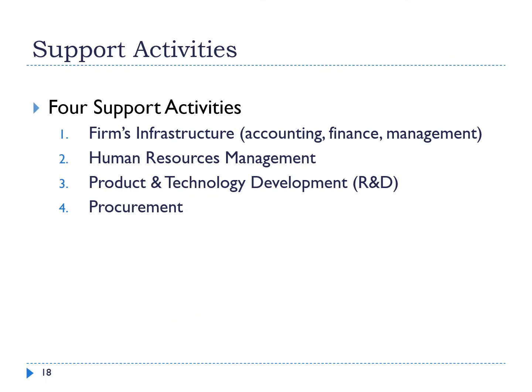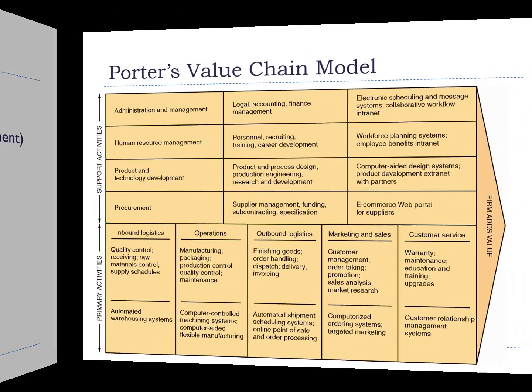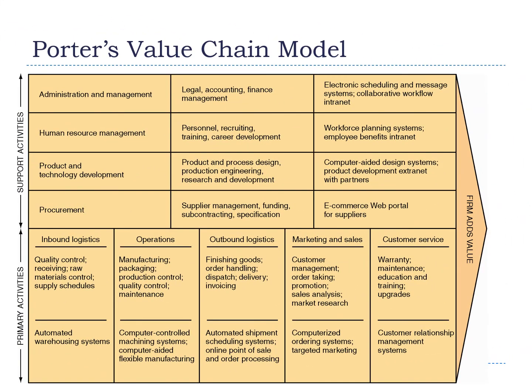And here are examples of 4 support activities, such as firms' infrastructure activities, including accounting, finance, and management, human resource management, product and technology development, and procurement. Here is a figure about Porter's value chain model that maps primary activities and support activities into the value chain.